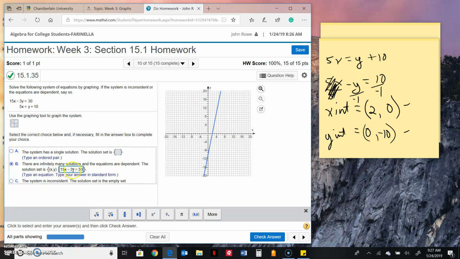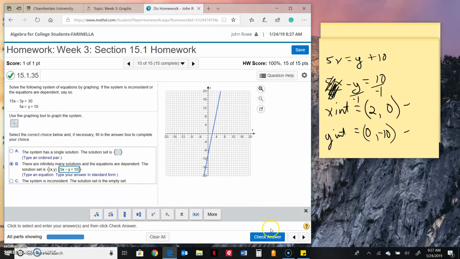If we divide this whole thing by 3, we would get 5x minus y equals 10. We don't want to have an equation in there that has a common factor amongst all the variables.